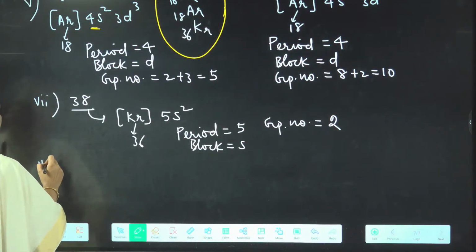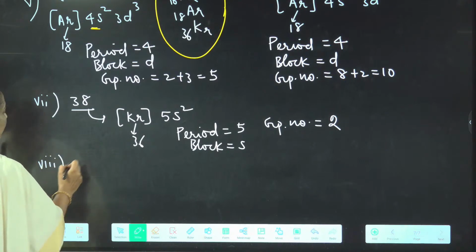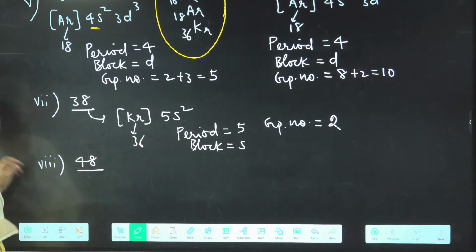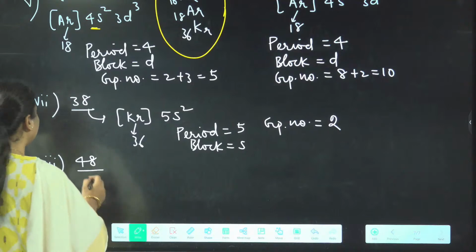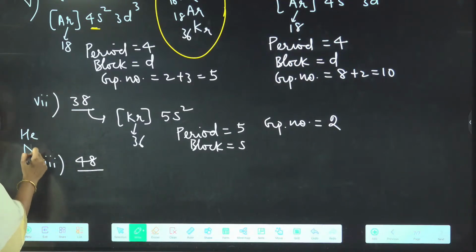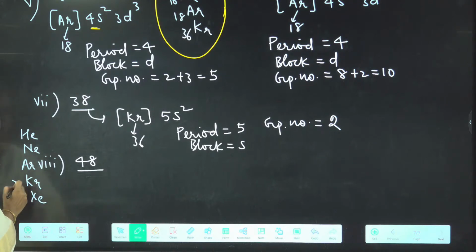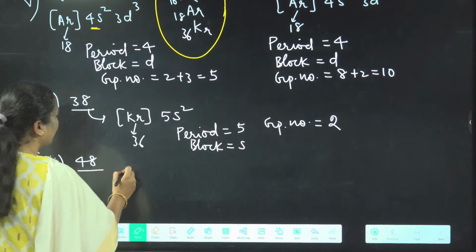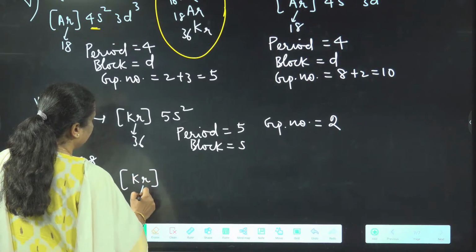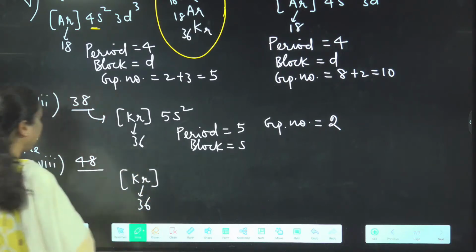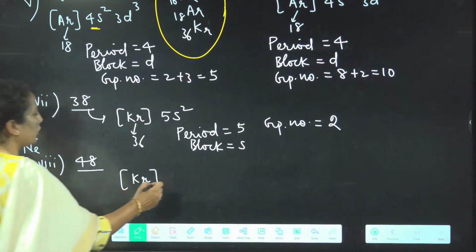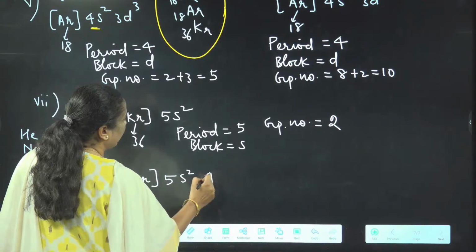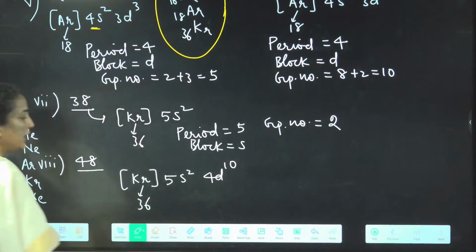Then next one, let us say we are going for 48. For 48, which inert gas should I take? You have helium, neon, argon, krypton and xenon, right? So this is 36, this is 54. So again I should take 36 only, that is krypton. Now again I have to write 5s2 and then 4d10.